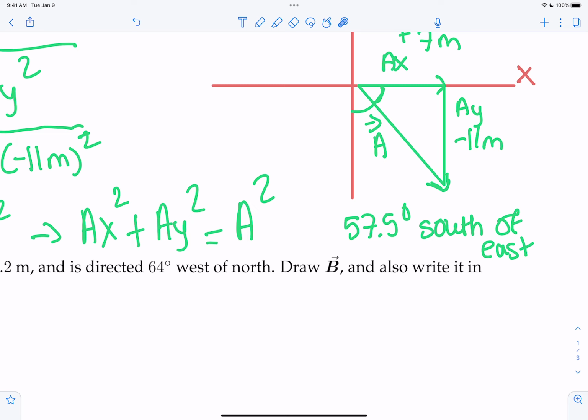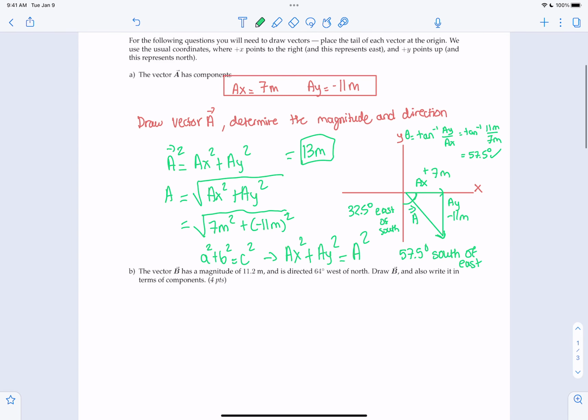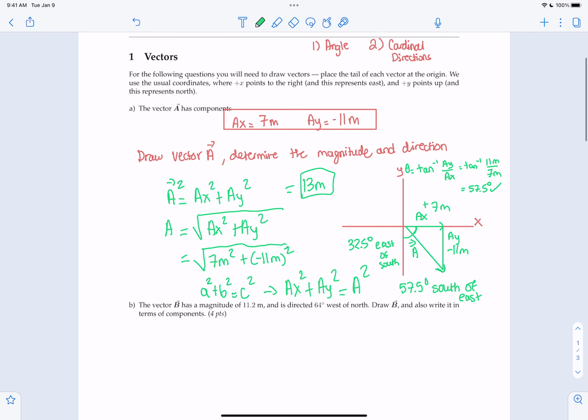I think 90 minus 57.5 is around 32.5. Yeah, so 32.5 degrees east of south would be your alternative direction. But we just have to pick one, go with it, and make sure all the calculations add up. Sound good for part A?